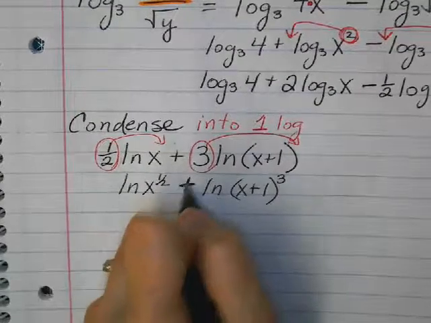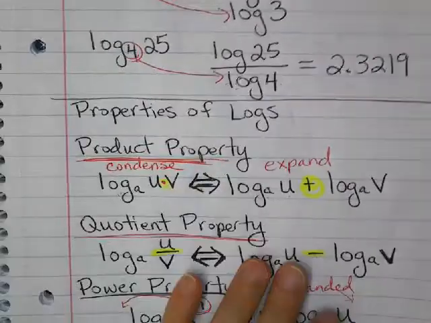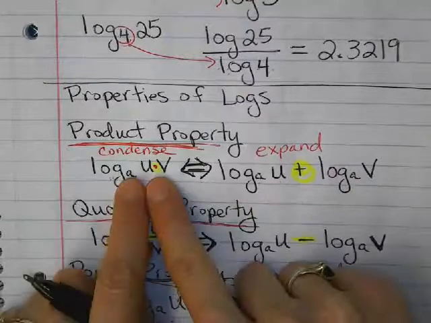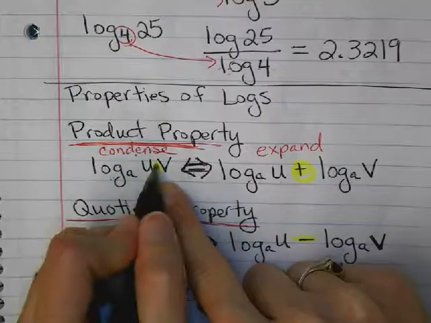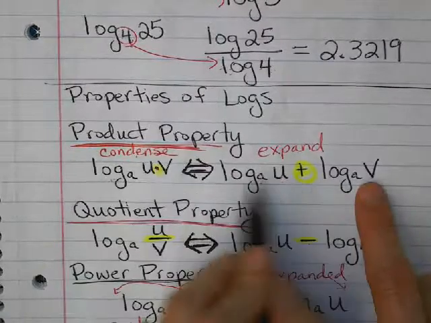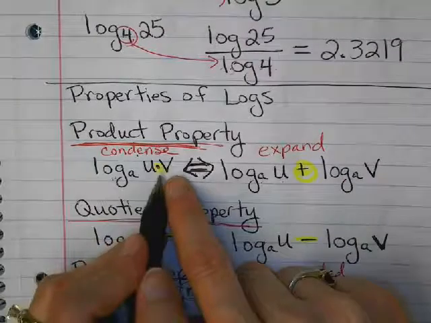Okay, now addition. I can flip back to my notes here. This addition kind is going to go back together, condense back together as times. See that? Addition, like log of u plus log of v, it went back together as log of u times v.